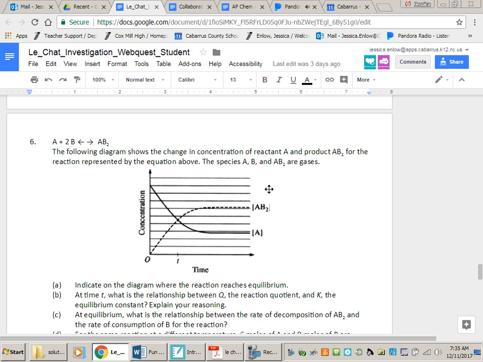Twice the rate. So B should be consumed at twice the rate that AB is decomposed, which was the phrasing. The reverse direction is being decomposed, and the forward direction is being consumed. So B is consumed at twice the rate that AB is decomposed in their reversible reaction.